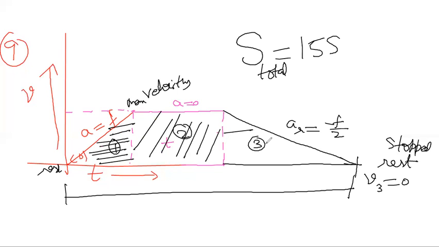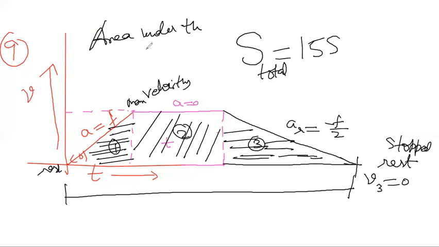The area under this graph, what does this area give? You should know this new concept: the area under the VT curve, or VT graph, gives what?